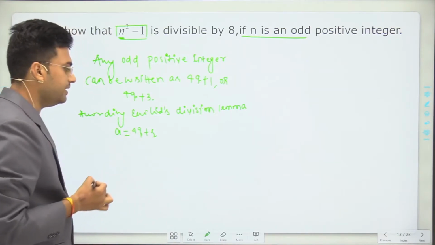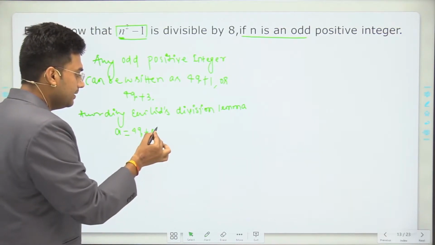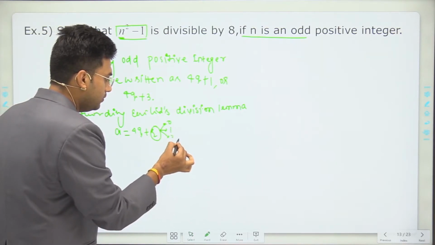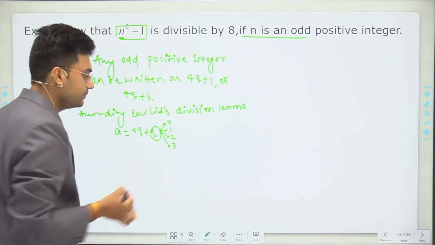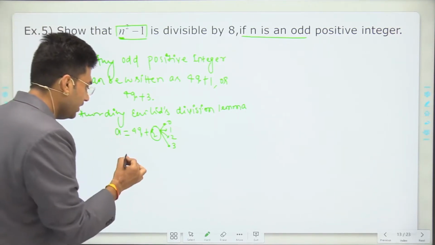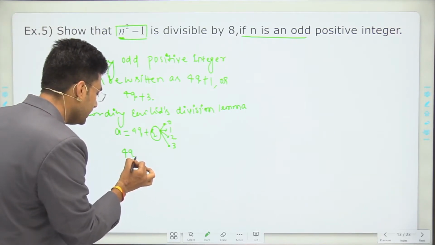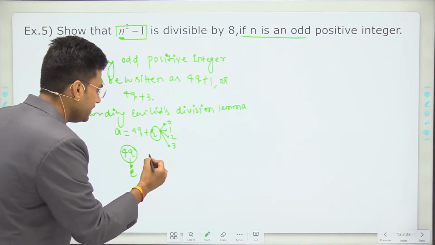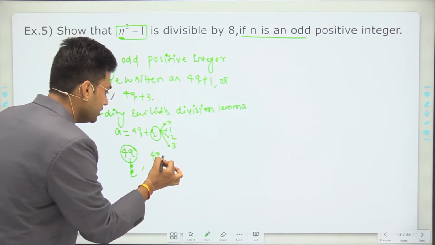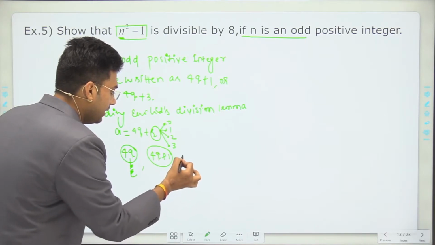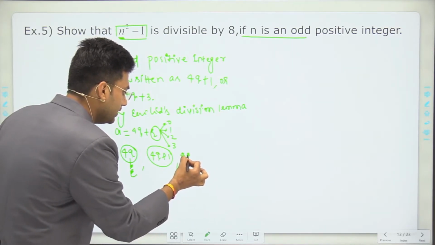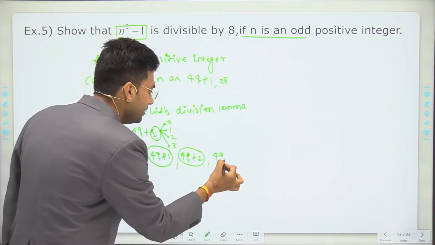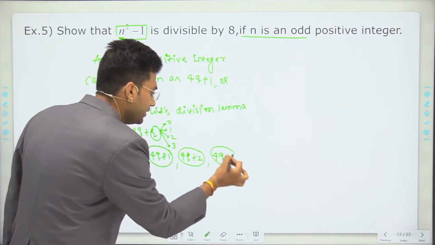If we take b equal to 4, then r can be 0, 1, 2 and 3. If we take 0, it is 4q, which is an even number. If we take 1, then it is 4q plus 1, if we take 2, it is 4q plus 2, and if we take 3, it is 4q plus 3.